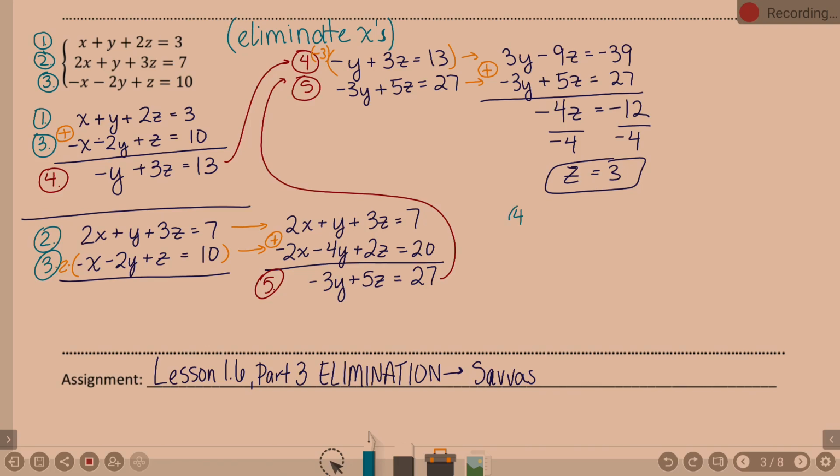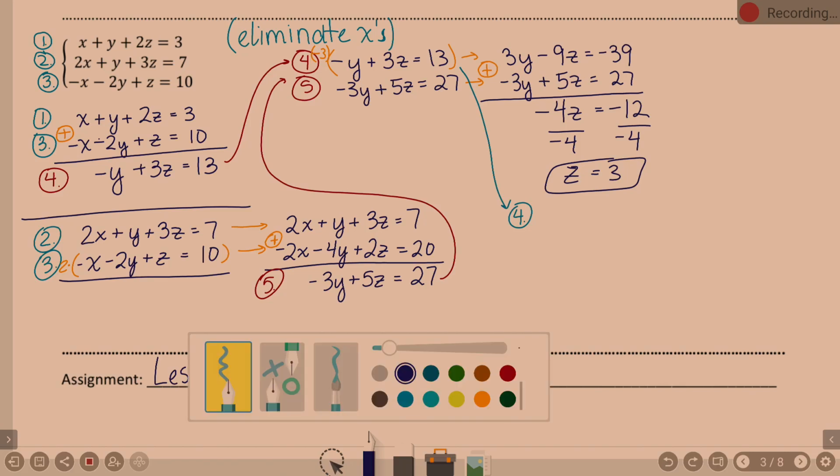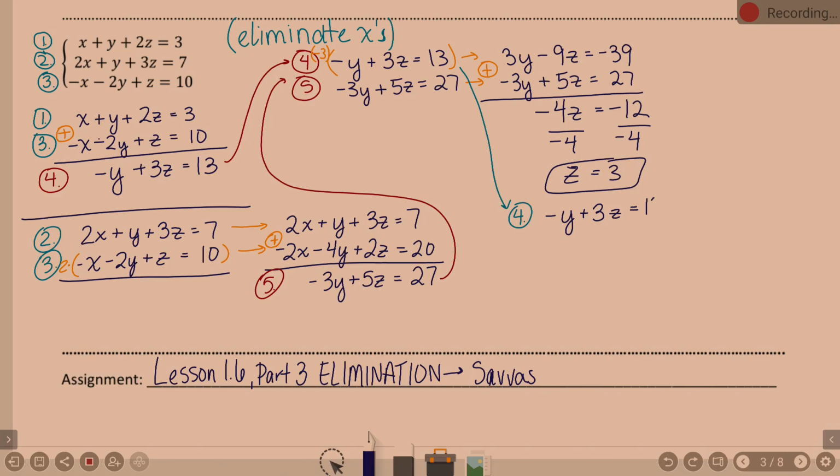Okay, so if we use equation 4 now. Equation 4 was negative y plus 3z equals 13. But we're putting 3 in for z, right? So negative y plus 3 times 3 equals 13. Negative y plus 9 equals 13.